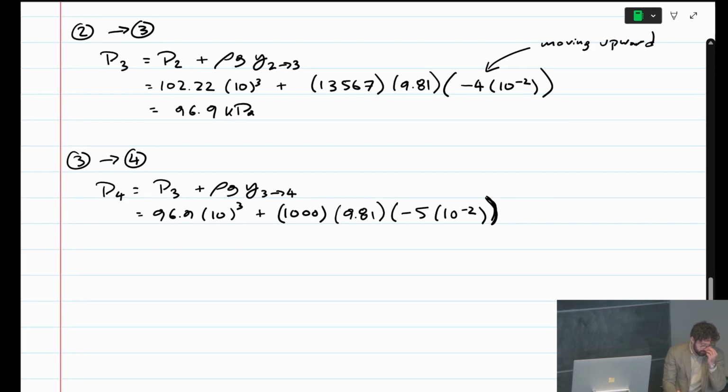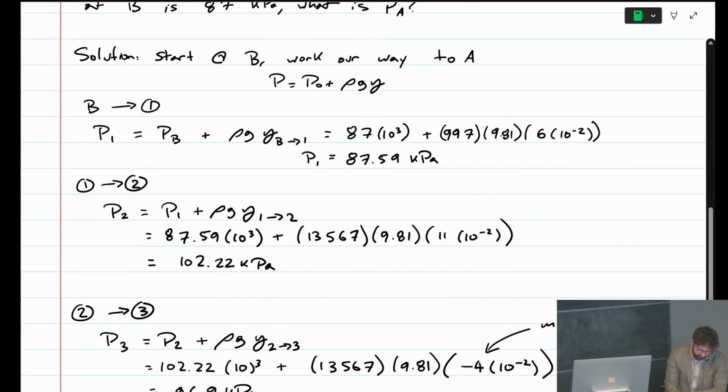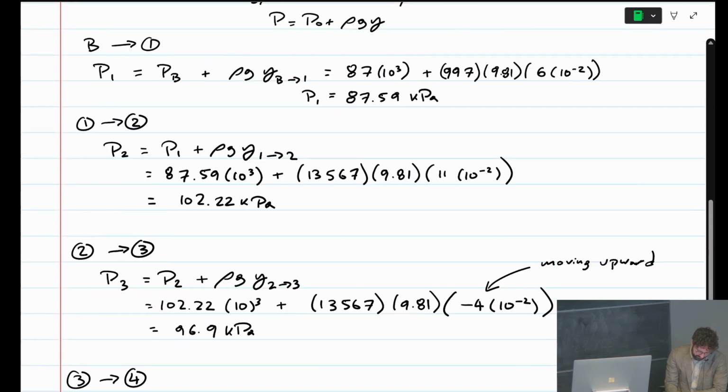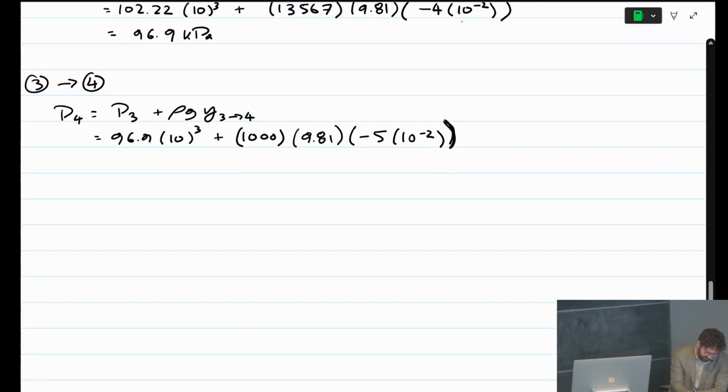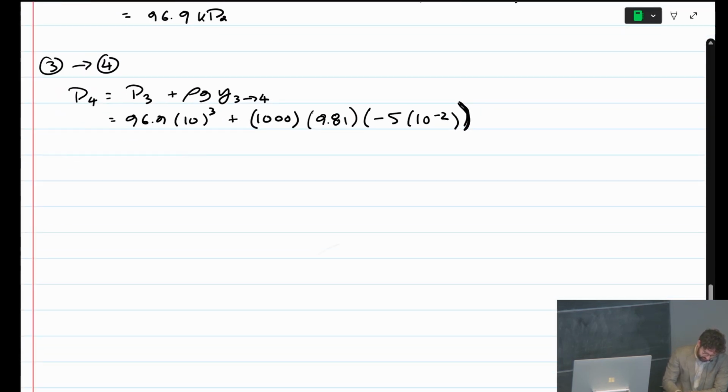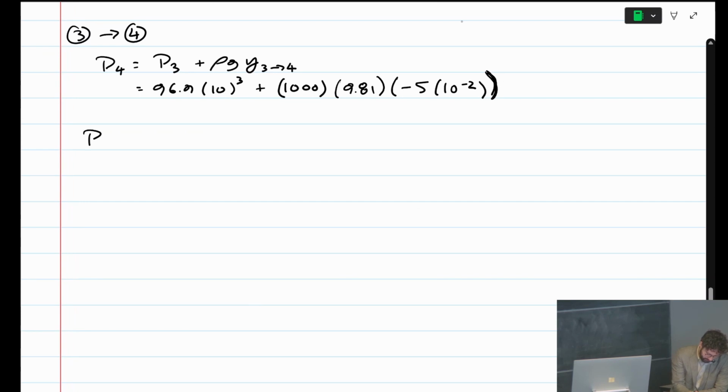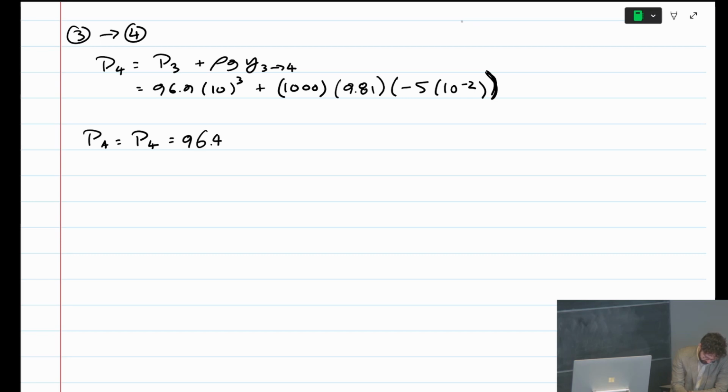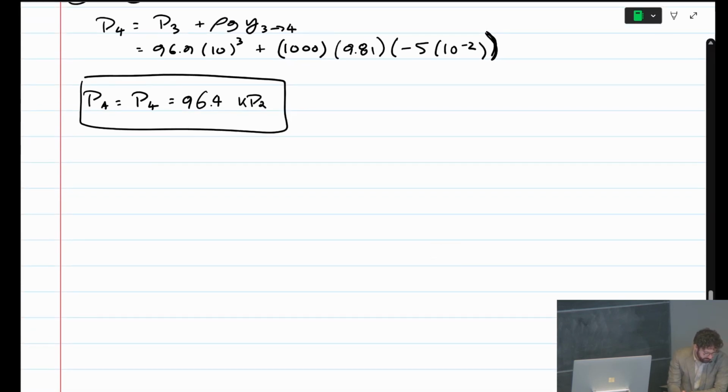So if we make the assumption that P4 is basically PA, then we calculate PA now. So 96.4 kilopascals.